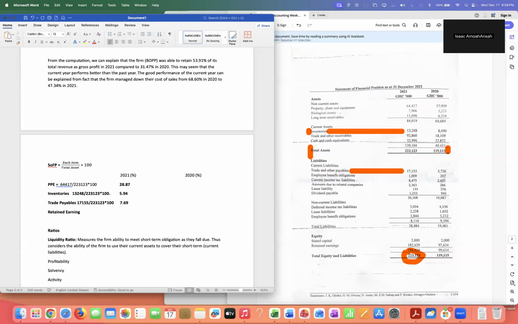We have three sub-ratios, right? The sub-ratios are current ratios, quick ratios, and asset test ratio or cash ratios.